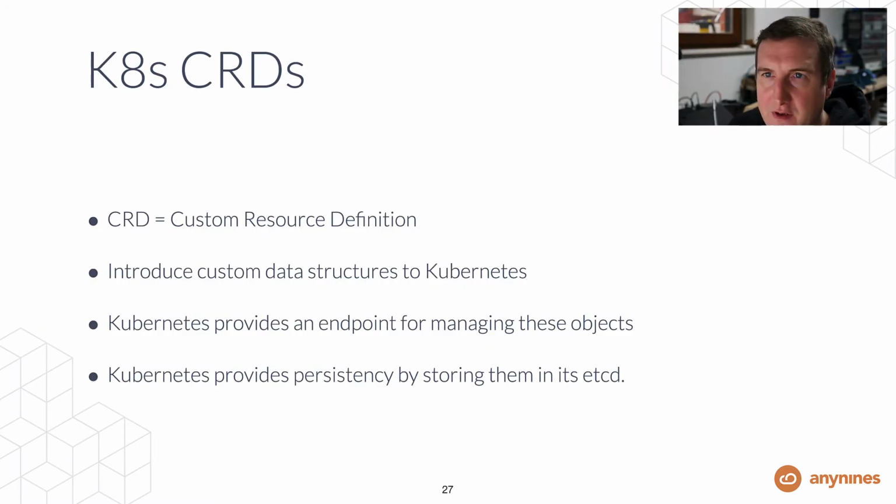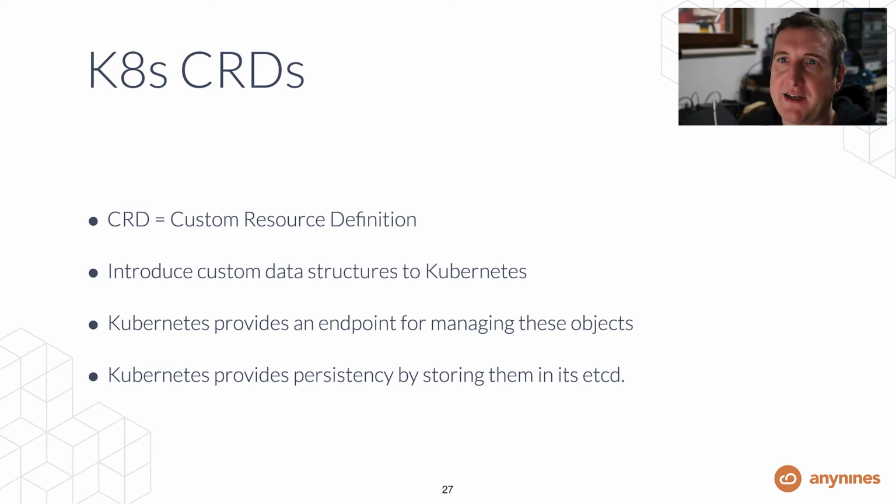Now, to sum it up, a custom resource definition is basically a user-defined type that can be taught to Kubernetes. And what you get from that is that Kubernetes will, for you, create an endpoint to store objects of your user-defined type, both providing the endpoint as well as the persistent storage by storing it in its internal etcd store.